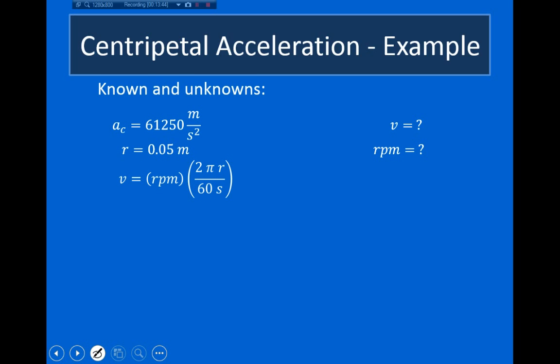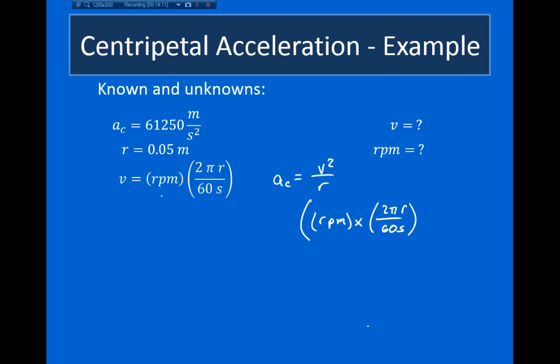So now I want to solve for my revolutions per minute using the centripetal acceleration formula. So the centripetal acceleration is v squared divided by r. And we can write this using this formula right here. This is my RPMs times 2 pi r over 60 seconds, and it's this whole thing squared.